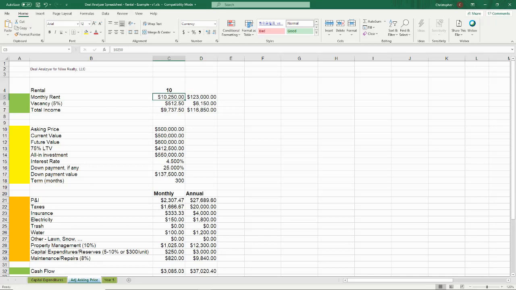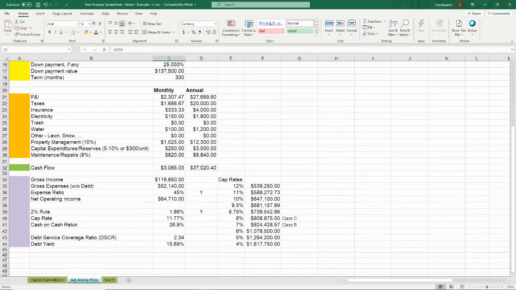If we go back and look at the cap rate, I'm going to scroll down here, and because the cap rate is made up of, you know it by now, the net operating income, we increased the net operating income because we did what? We increased the income or the gross income of the real estate asset.